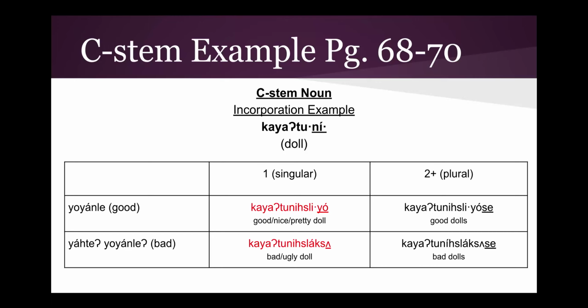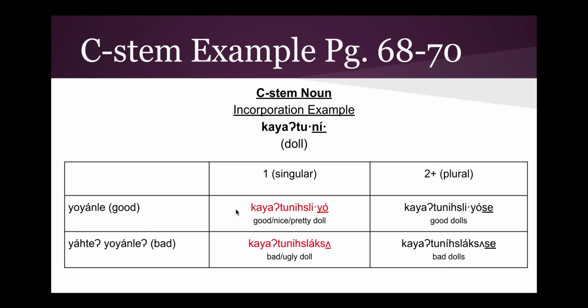So when you make a C stem noun good or bad, again, we need some joiners. And so this SL, again, it shows up. Now, it's not on all the C stems because they have a lot less of these joiners than A stems do. But this noun up here, gayatduni, it means a doll.